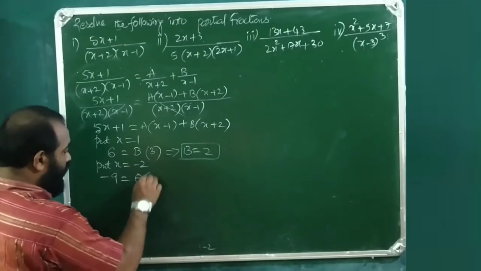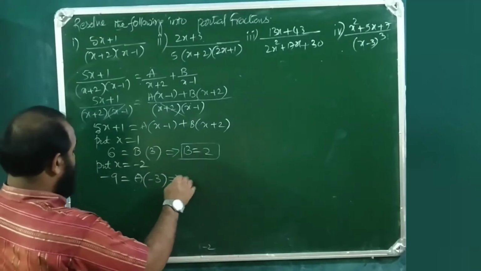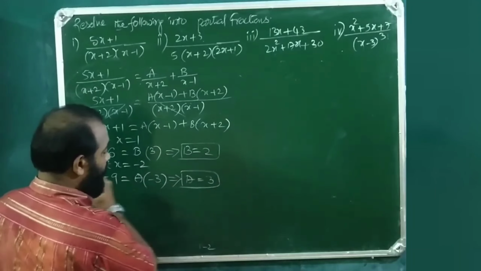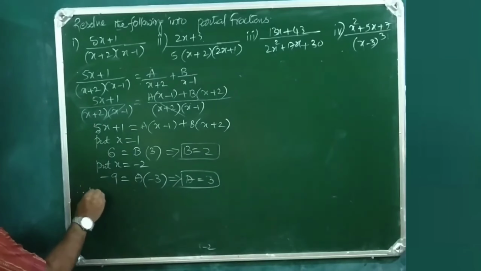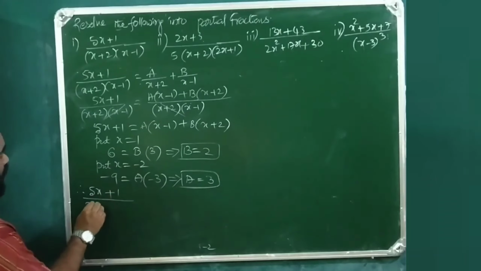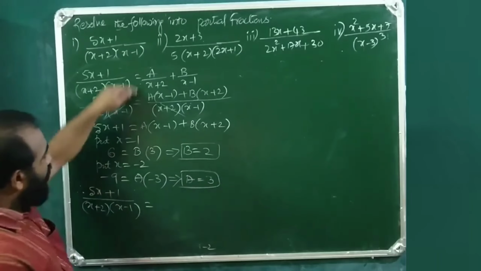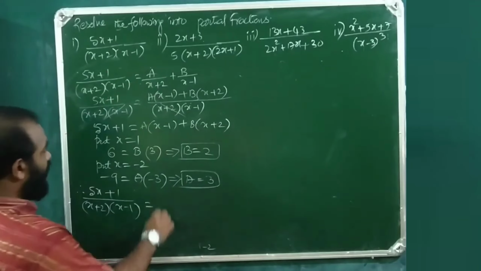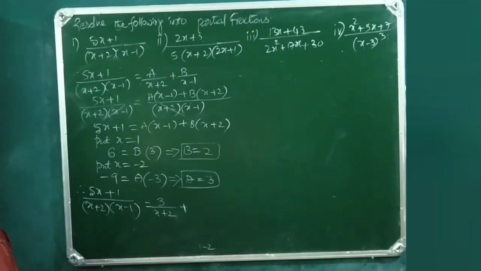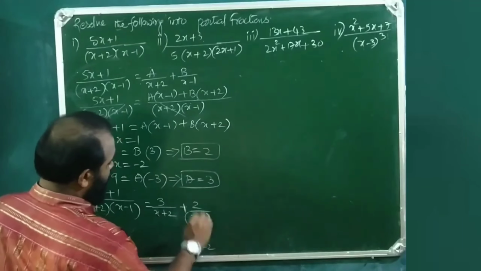So a into minus 2 minus 1 is minus 3. From this, a is equal to 9 by 3, which is 3. Therefore, 5x plus 1 by x plus 2 into x minus 1 is equal to 3 by x plus 2 plus 2 by x minus 1.